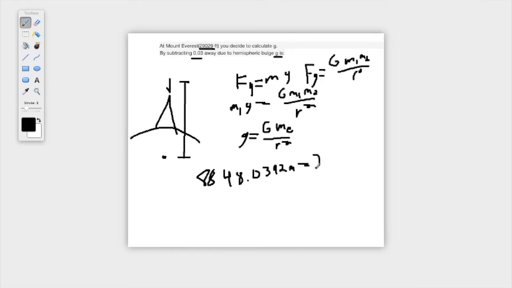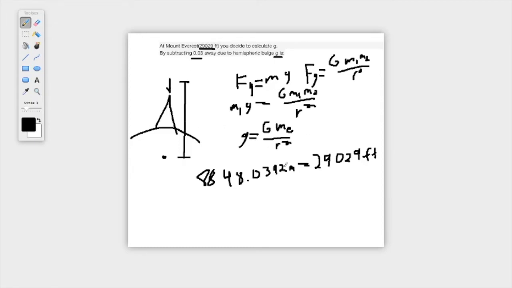So that is the same as the height in metric units.